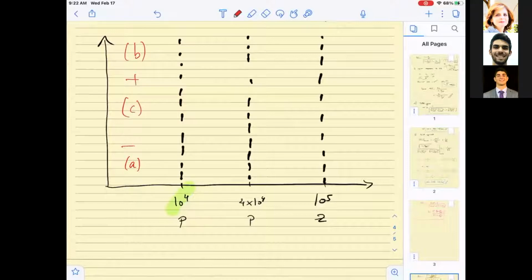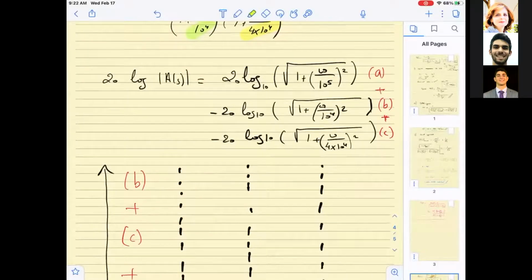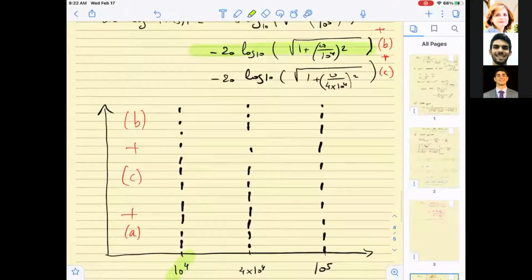Okay, and their addition gives me the response or the magnitude at any frequency. So if I look only at term B, we did an approximation when we studied the Bode plot. We said that this term is going to be 0 in the approximation before we hit the specific frequency here.